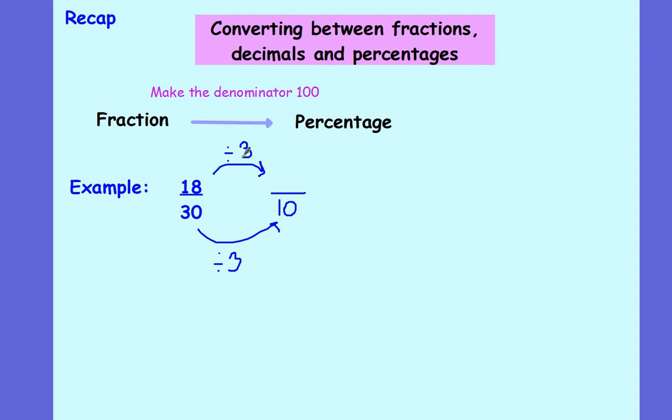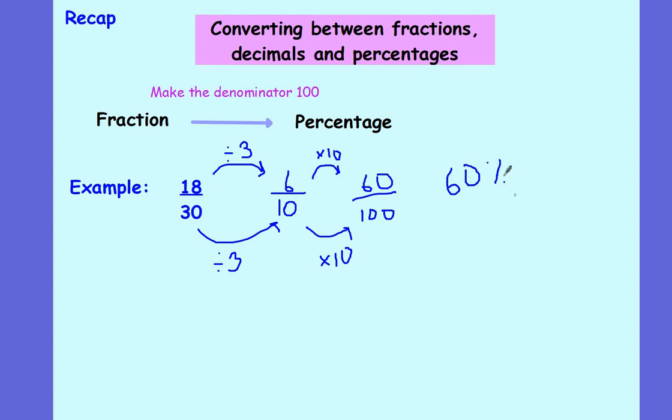Dividing by 3. Izzy, what's 18 divided by 3? 6, thank you very much. And then I want to put this over 100 to convert it to a percentage. So I need to multiply by 10, and 6 times 10 is going to give me 60. So I've got 60%.